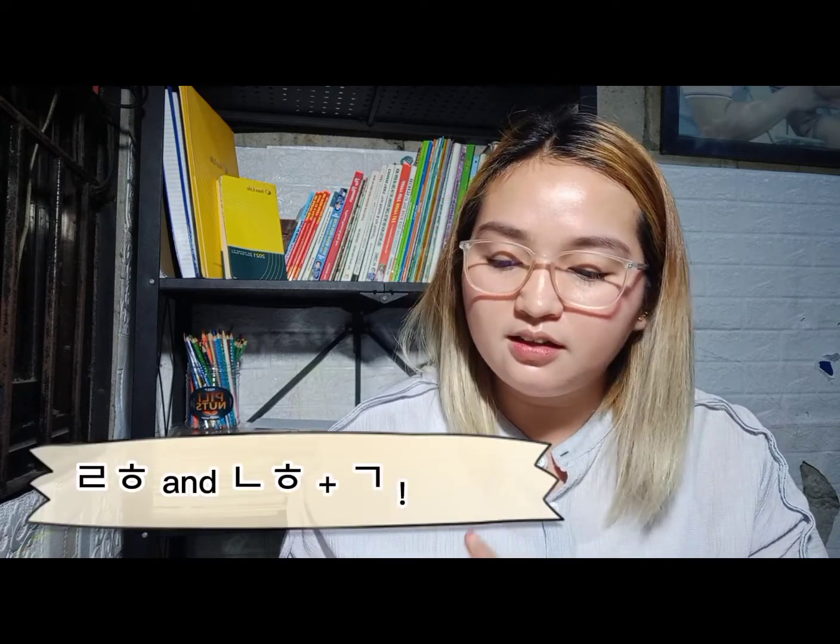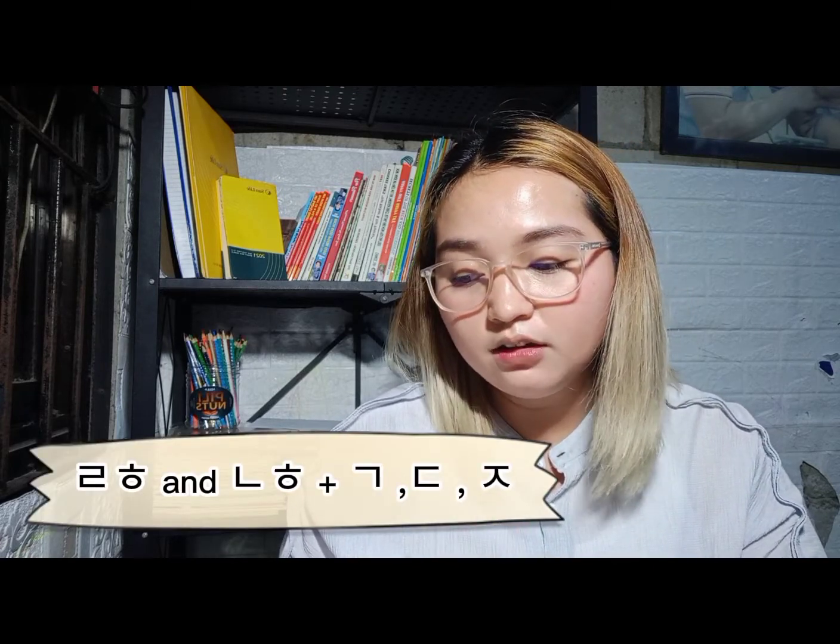Apart from the rule that only the Nian and Lil consonants are the ones that will be pronounced, another rule states that if the consonant hit is followed by kiyuk, tigit, and chiyut, these three letters will become aspirated consonants. Kiyuk will be replaced with kiyuk, tigut will be replaced with tiyut, and chiyut will be replaced with chiyut.